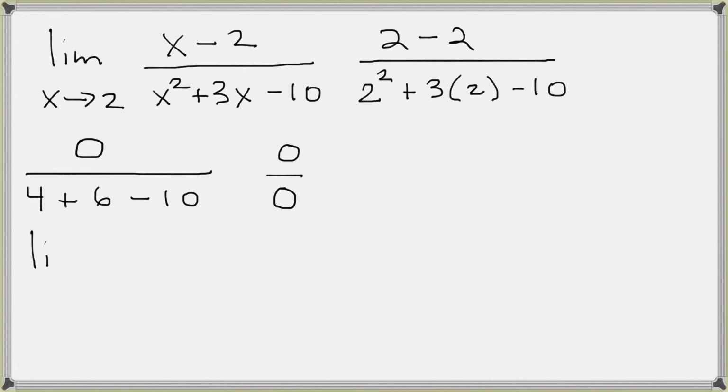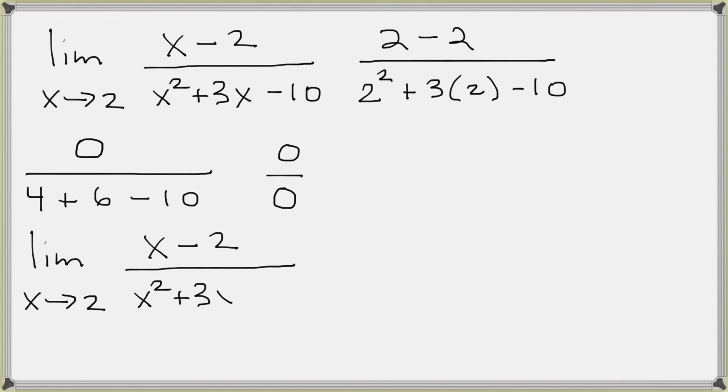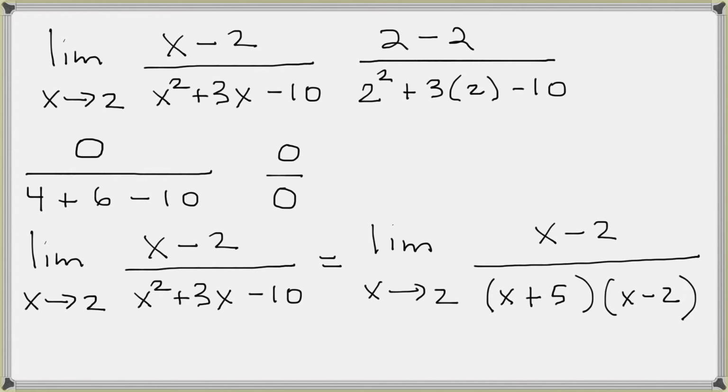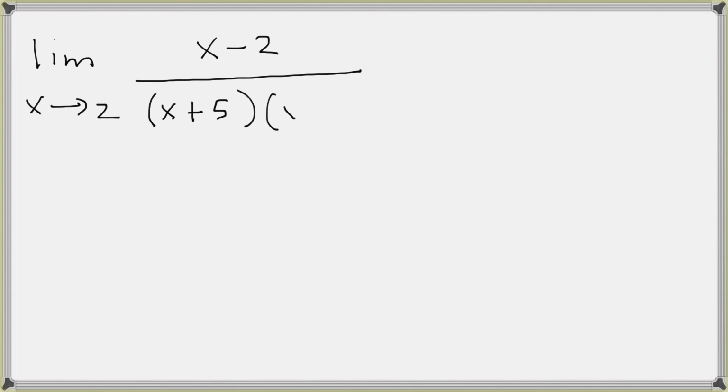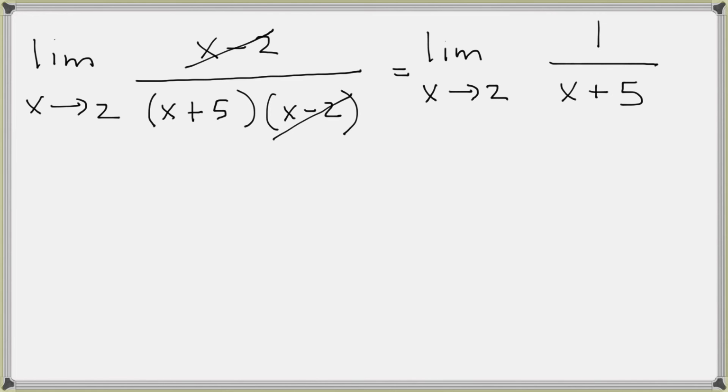So for this particular example, we have that function that we started with, and again, the bottom part can be factored, right? X squared plus 3x minus 10. We already did that. It factors down to x plus 5 times x minus 2. And so now we can see there's a common factor in the top and in the bottom, and we go ahead and cancel out that common factor.